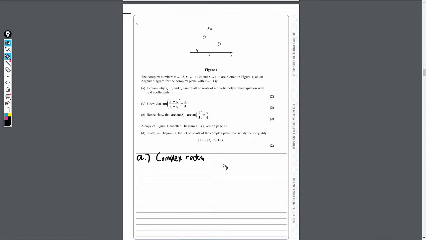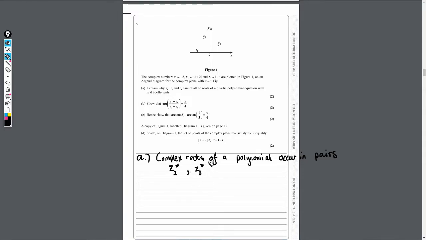So complex roots of a polynomial occur in pairs, right? So the issue is here now, if you've got Z1, Z2 and Z3, well, we've got the complex conjugate of Z2, and then we'll have Z3.